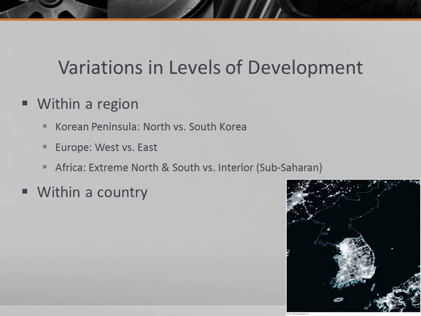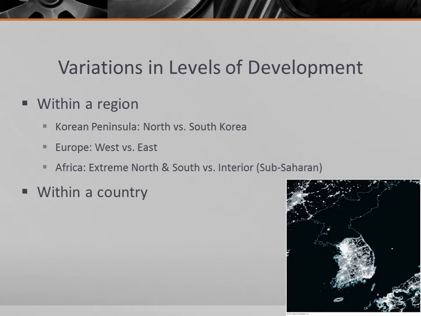Now, within a country is kind of an interesting example. We're going to look at a couple of examples on the next few slides: Mexico, China, and Brazil. So I want you to think: are there variations of levels of development in the United States?